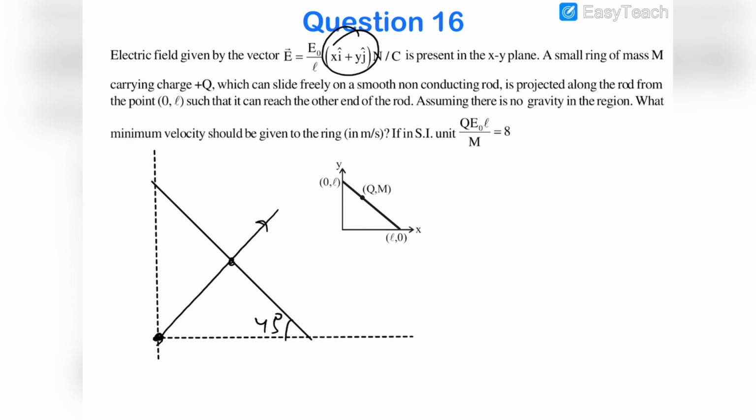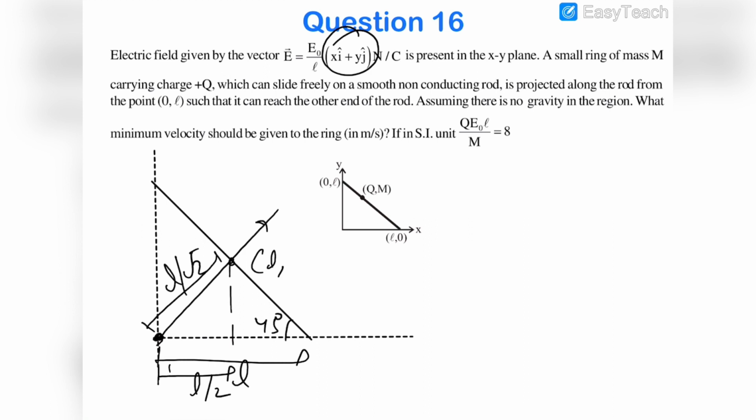The coordinates of this point will be, this is L, this would be L by root 2, and this would be L by 2. So the coordinate of this point would be (L by 2, L by 2).